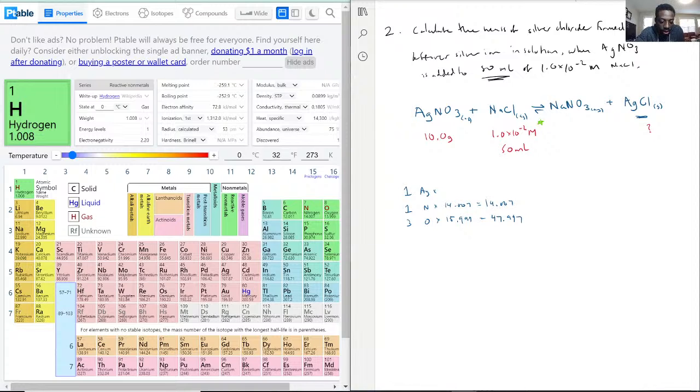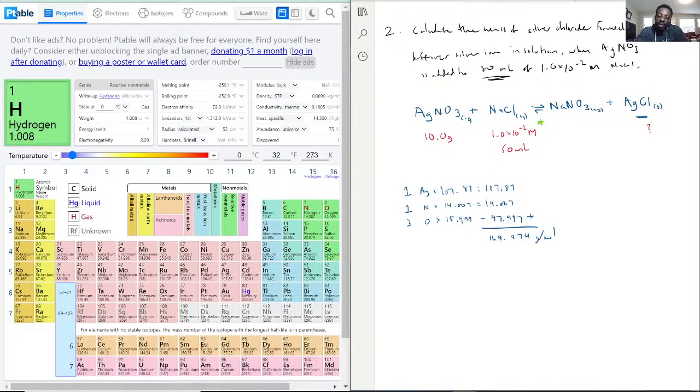And silver is 107.87. Plus 14.007. We add them all together, we get 169.874. So that is the molar mass for silver nitrate.